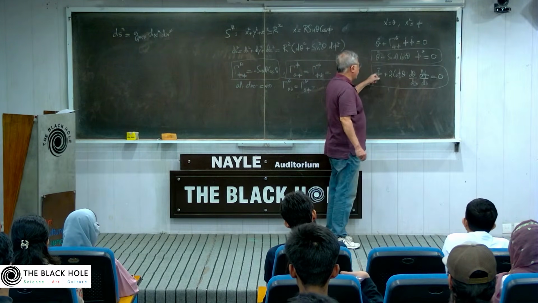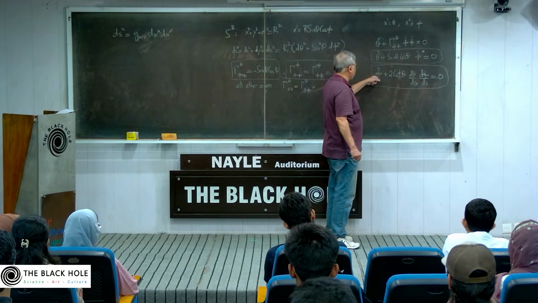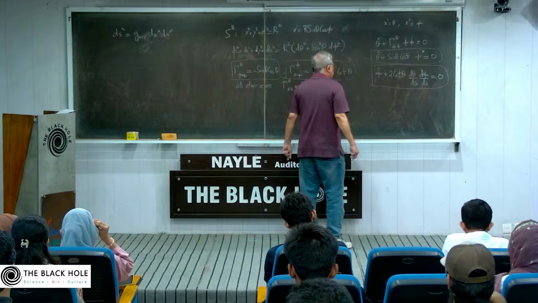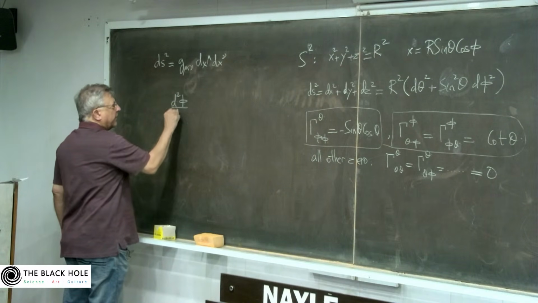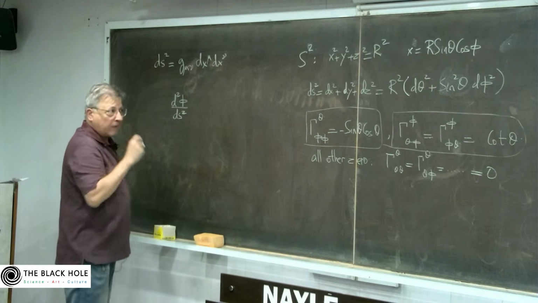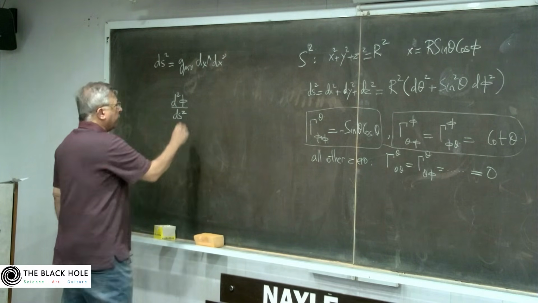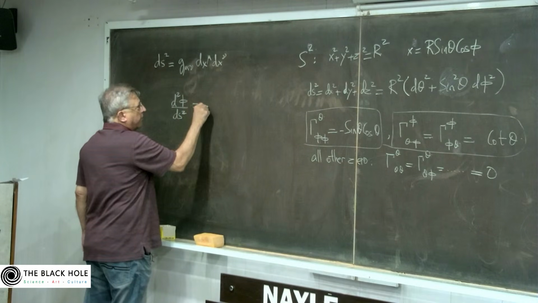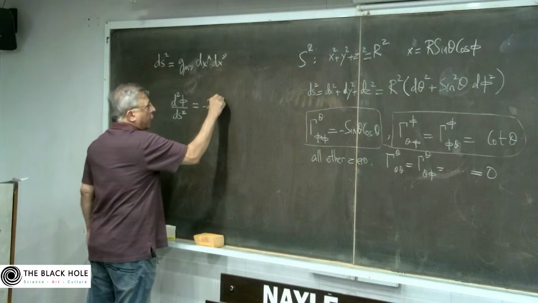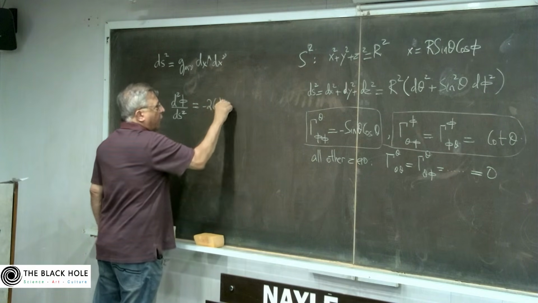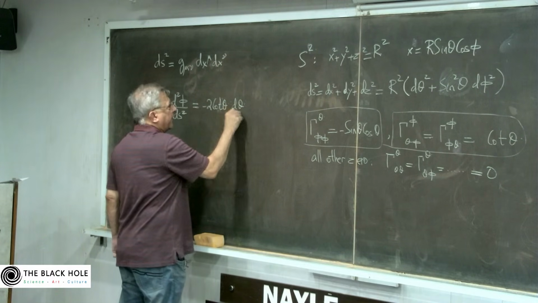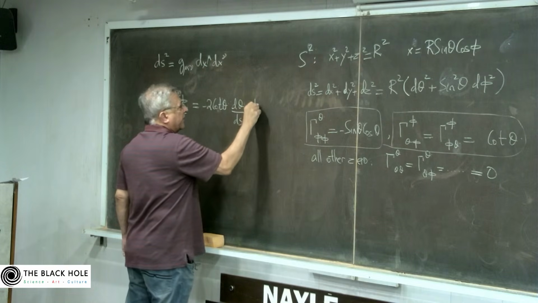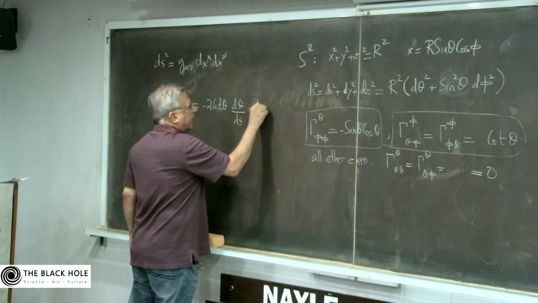I look at this, and what do I have over here? Phi double dot is d2 phi with ds squared, and this is equal to minus 2 cot theta d theta by ds and d phi by ds.